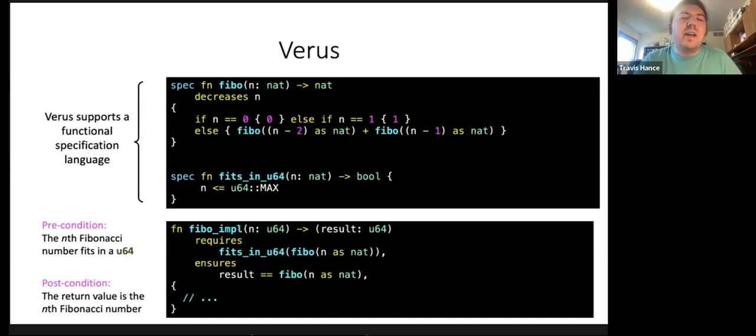For the memory allocator, and at the very end of the talk, I'm going to show what the specification is for the memory allocator that we're proving. But really, for the memory allocator, the main thing we have to prove is that memory safety holds throughout, right? Normally if you write a Fibonacci function, it's going to be memory safe as long as you're not using unsafe code, right? And so the only thing Verus is giving you is that you're proving that the answer is correct.